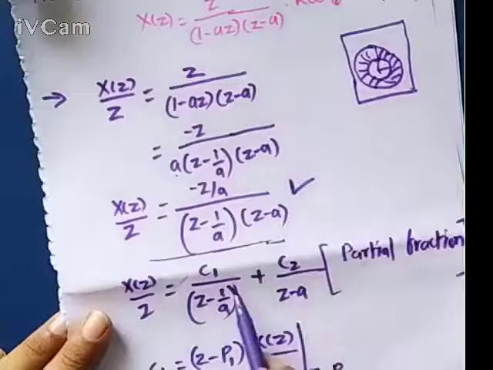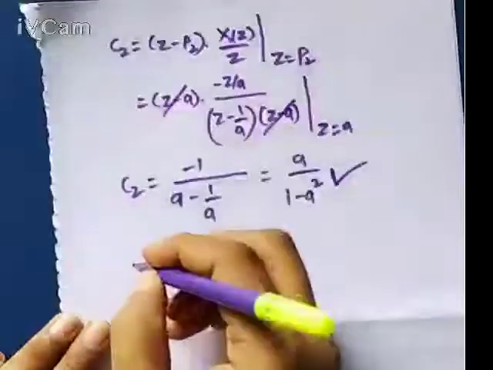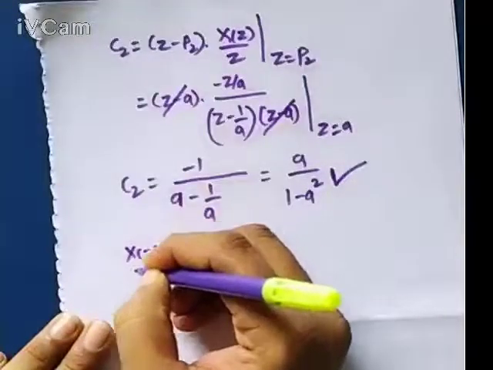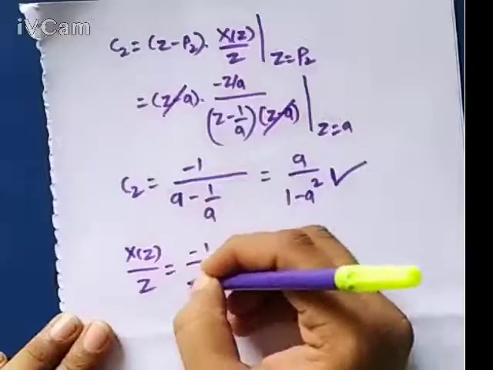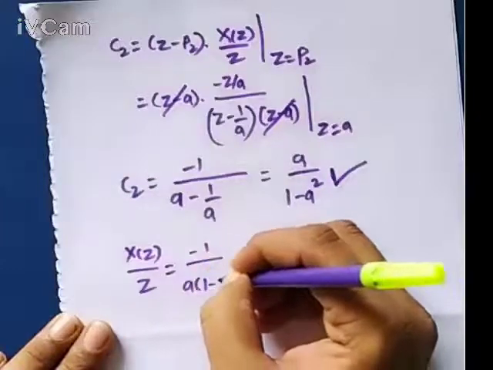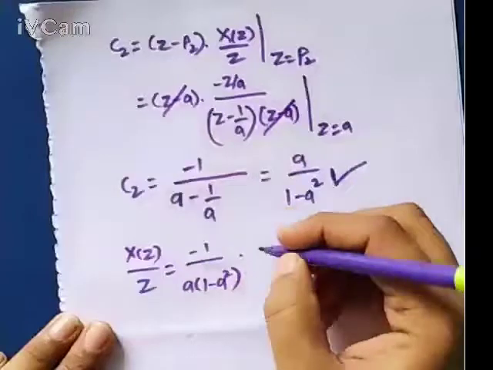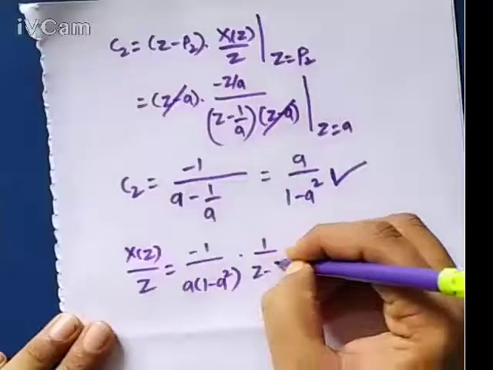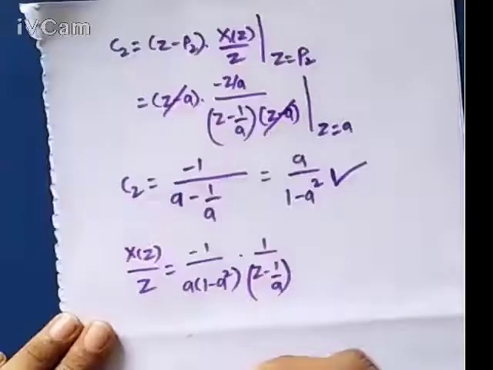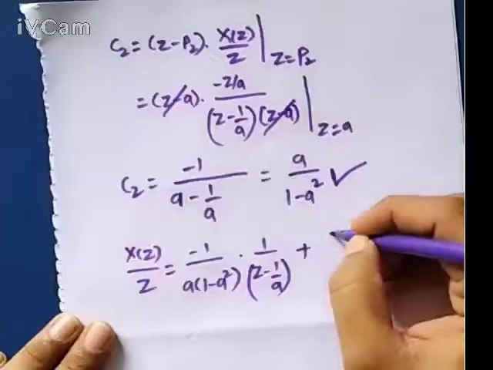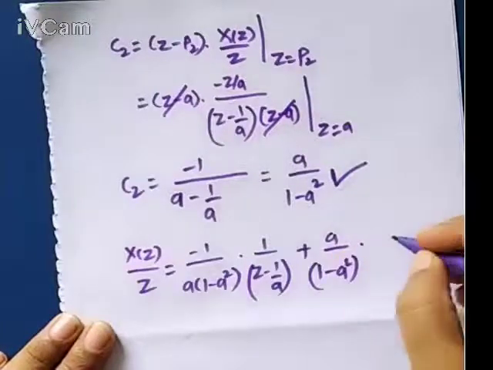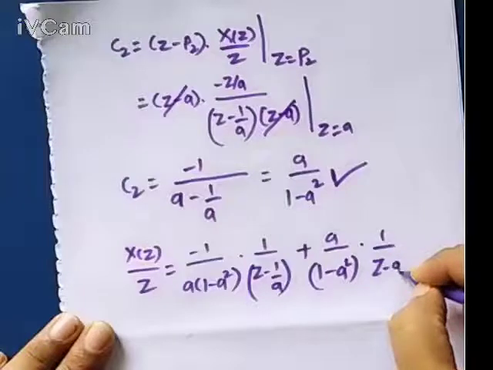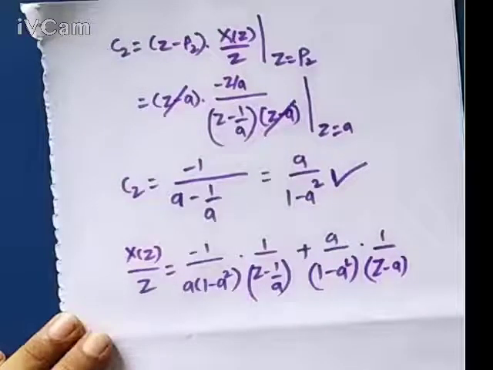So here we will substitute c1 and c2. Okay, so that will become X of z by z equal to minus 1 by a into 1 minus a square into 1 by z minus 1 by a, plus a upon 1 minus a square into 1 by z minus a, right?